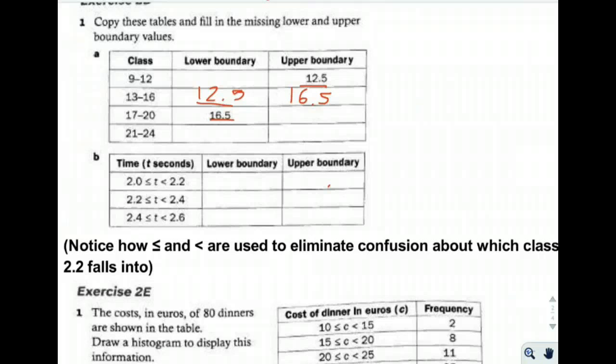The other thing about data classes is they're all the same width. So since this is 12.5 to 16.5, which are 4 apart, then these are also going to be 4 apart. So these are going to be 20.5, this is going to be 24.5, this is going to be 8.5.